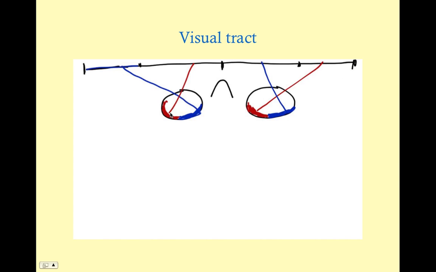So your left eye always is looking at the left side of the visual field. And your right eye is always looking at the right side of your visual field.